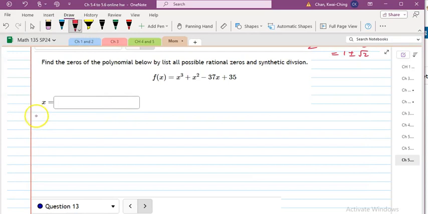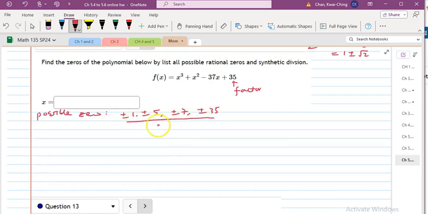The possible zeros are plus and minus the factors of this over the factors of 1, so we don't care about the factors of 1. 5, 7, and 35. Probably not 35, we just need to check this, right? Over plus and minus 1, we don't need to care.